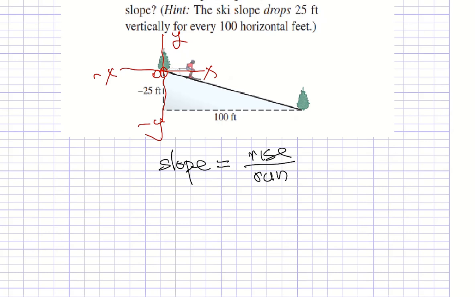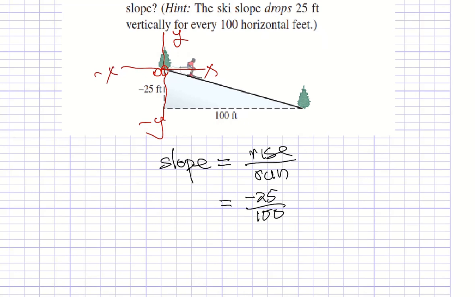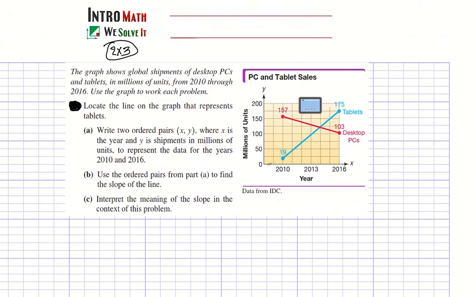So rise over run, that means negative 25 is the rise, and then positive 100 is the run. Okay, so when you work that out, it will give you negative 1 over 4. And then we're done with that one. That one is finito.